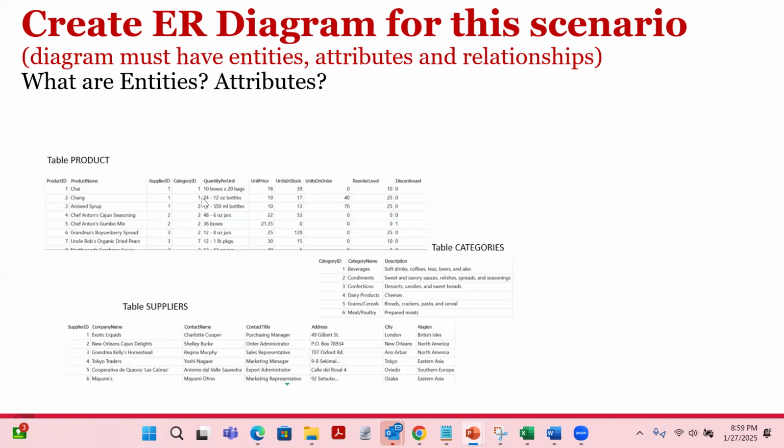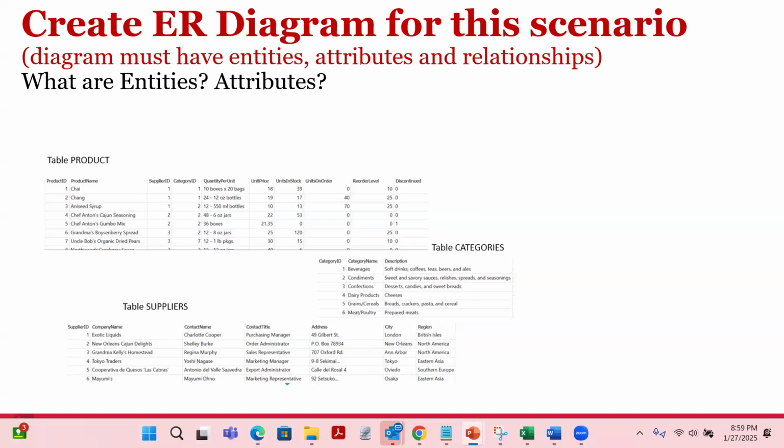Is every category represented in the category ID column in product? No, right? Only 3 categories are represented. So based on the data set that we have here, not every category has a product. So it is optional to have a product for a category.